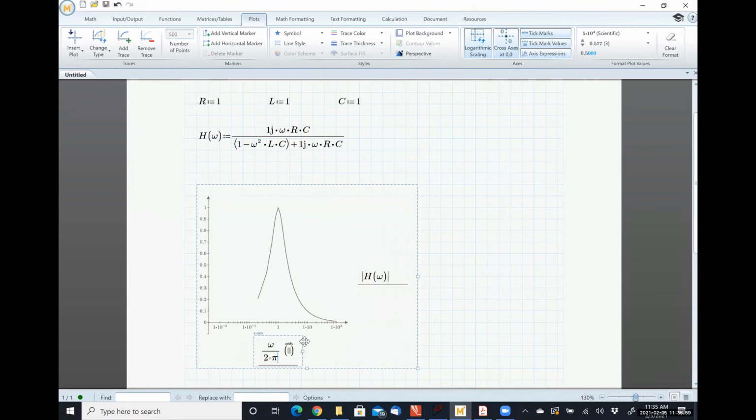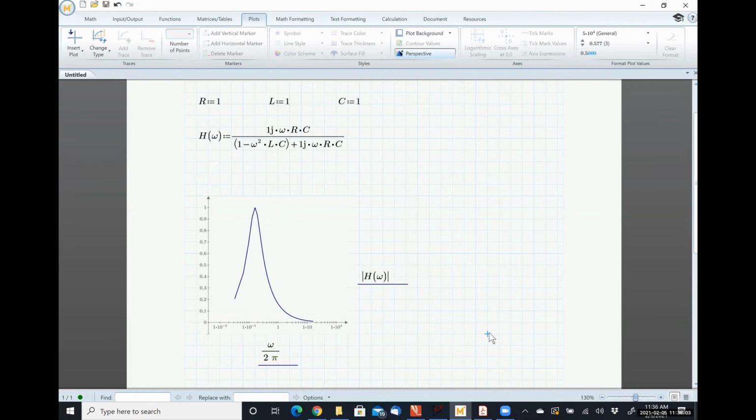We'll express this as a function of linear frequency. And there we go. It's now centered over the same thing. If we wanted to make a true one-to-one correlation between the Mathcad graph and the LTspice graph, instead of just plotting the magnitude, we need to plot 20 times the logarithm of the magnitude, or express it in decibels.